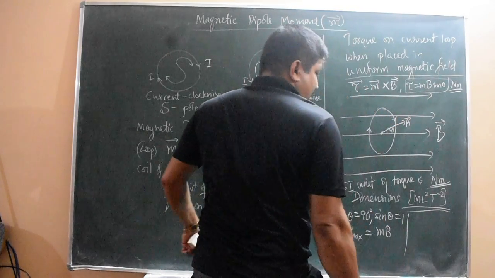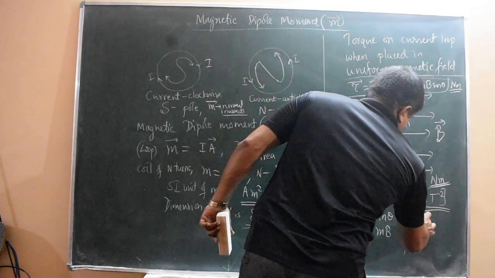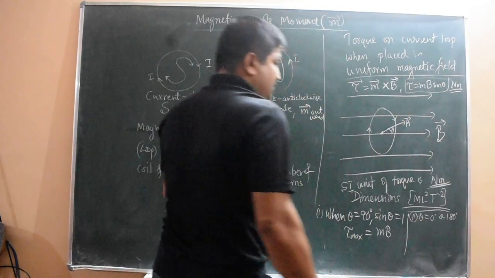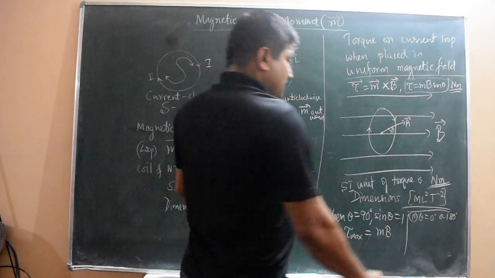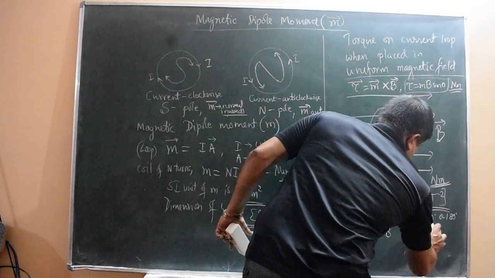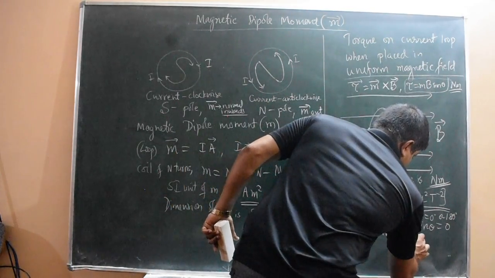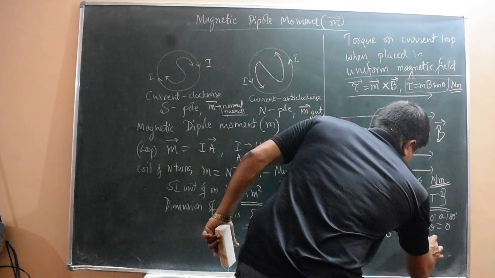Same way, second case, when theta equal to 0 degree or 180 degree, sin theta is 0. When sin theta is 0, torque is minimum in magnitude.